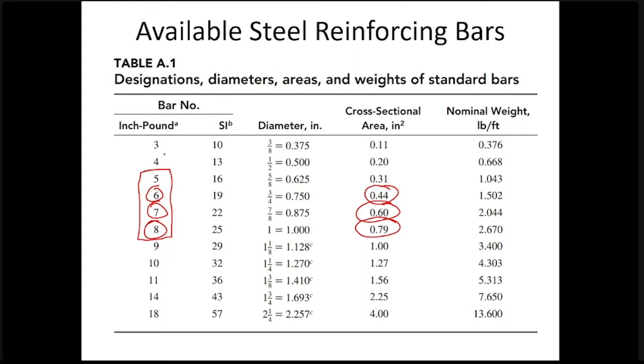Not smaller than this, not larger than that. So we will mostly restrict ourselves within these 4 bars. For the time being, just remember number 5, 0.31; number 6, 0.44; number 7, 0.6; number 8, 0.79. Just remember these bar areas. It will be helpful for you.